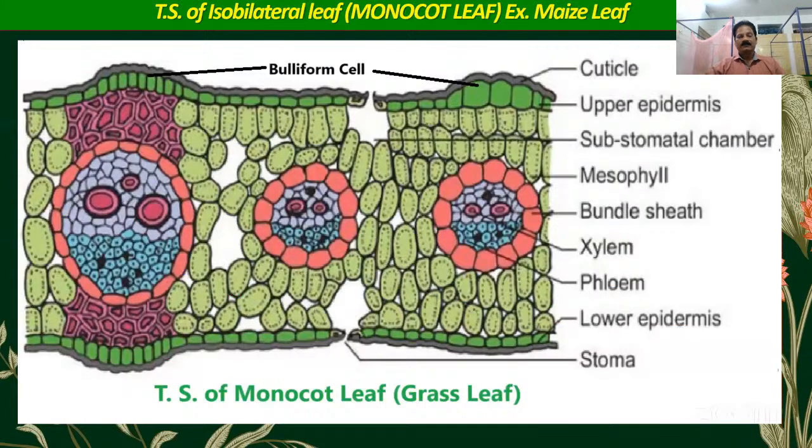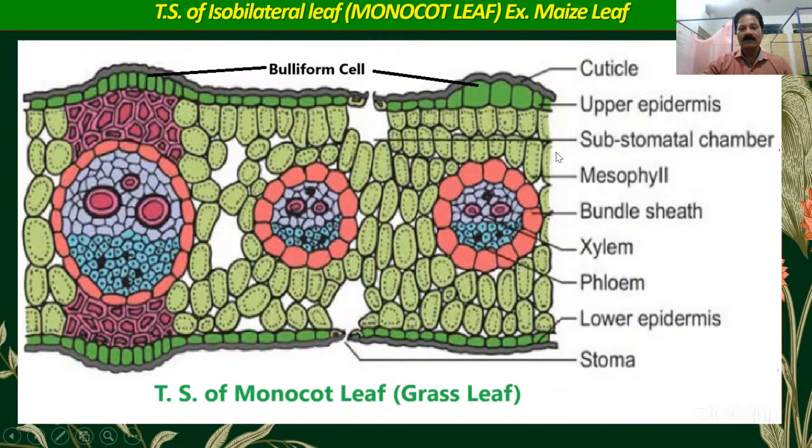Next, this is the monocot leaf. The best example of a monocot is grass, particularly maize. Maize is taken as an example for the monocot leaf.